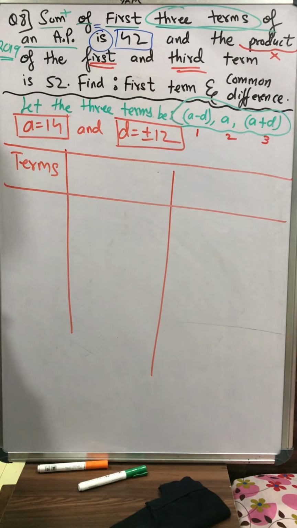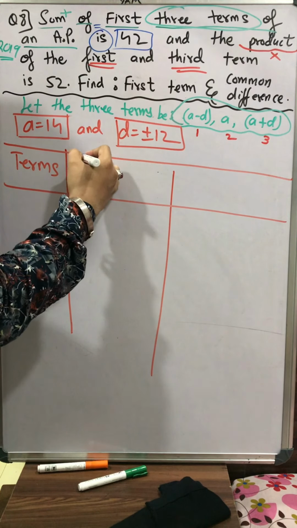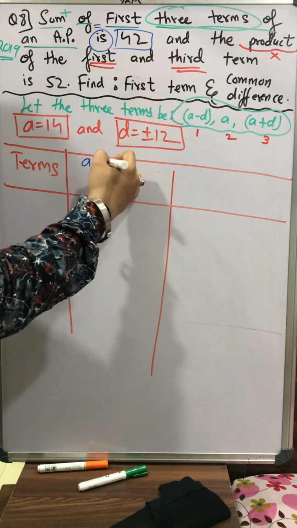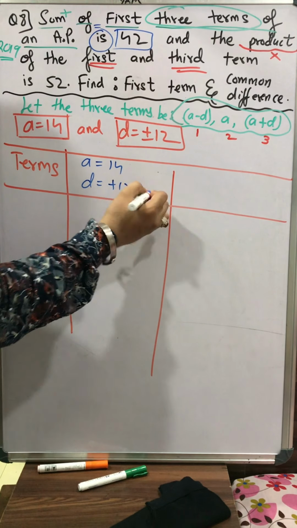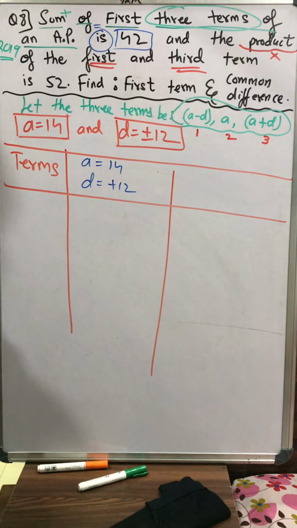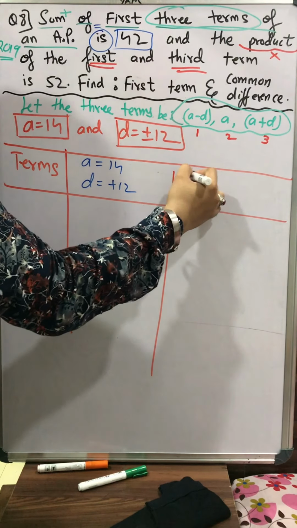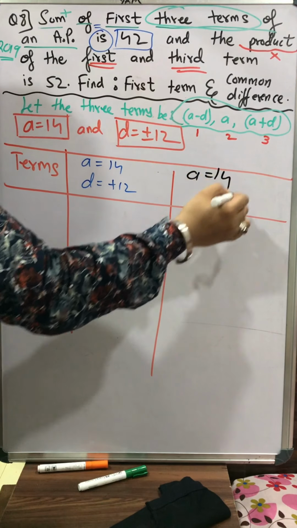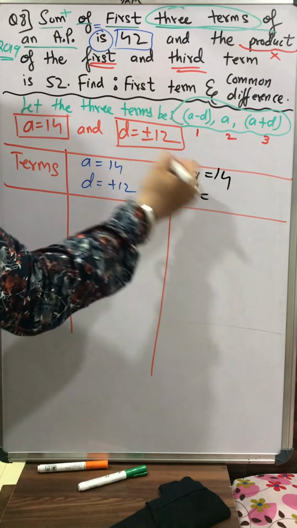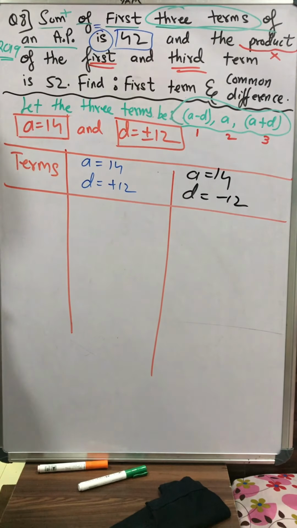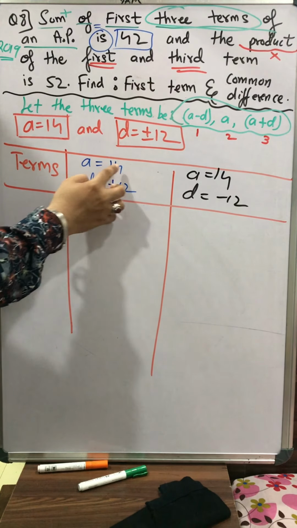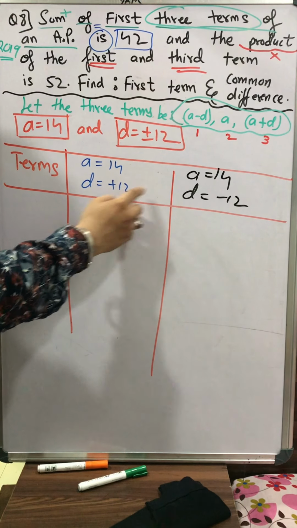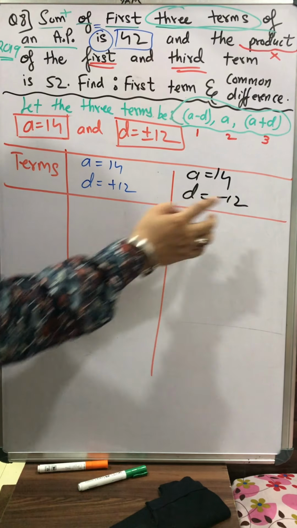The first thing we have is the value of A as 14, but one value of D that we received is plus 12. On the other column, I'll take once again the value of A as 14, but here I'll take the second value of D as minus 12. Understanding, students? So with blue color I'll be solving A as 14 and D as plus 12, and with black color I'll be solving D as minus 12.